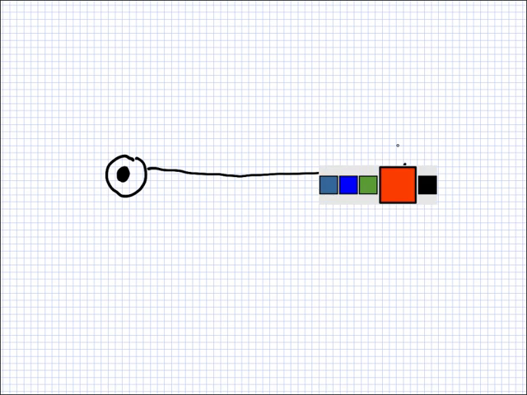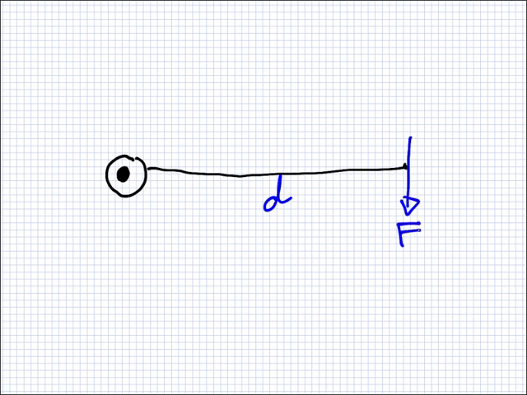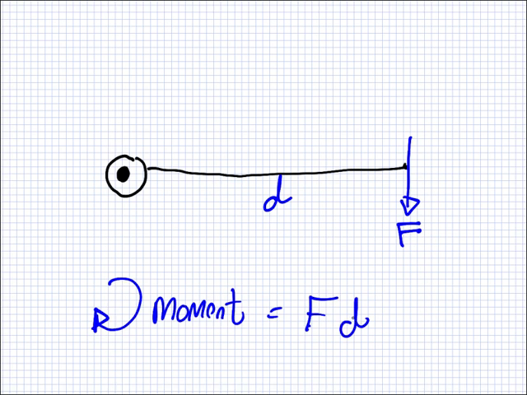This is distance D. Then you push down with a force F. You have a moment equal to F multiplied by D. Also called torque, also called turning force. There's many names for it. It's the force times the perpendicular distance.